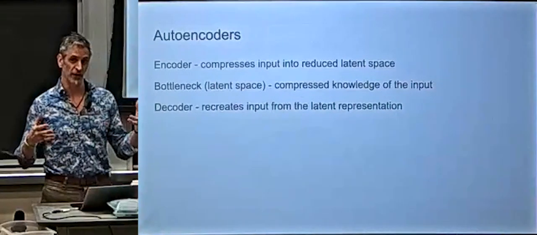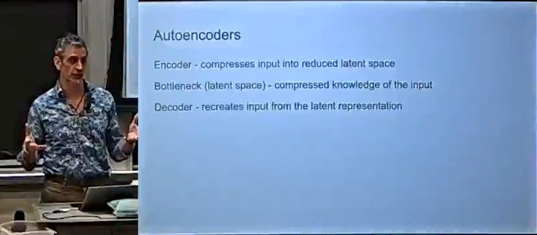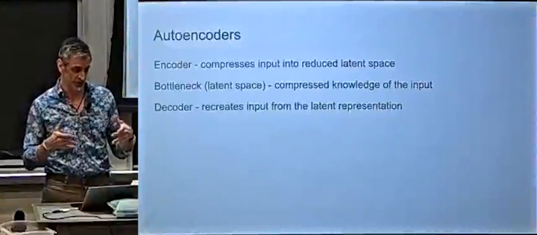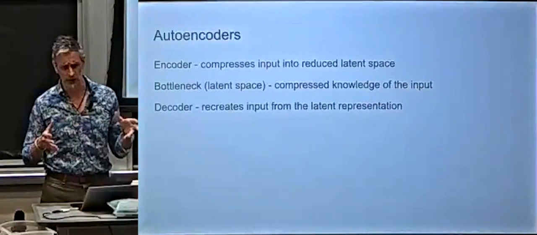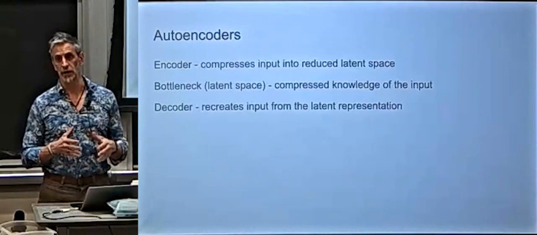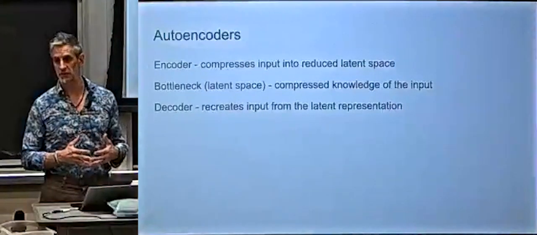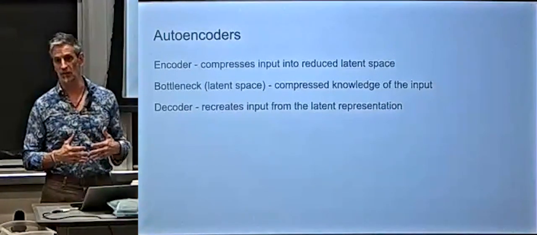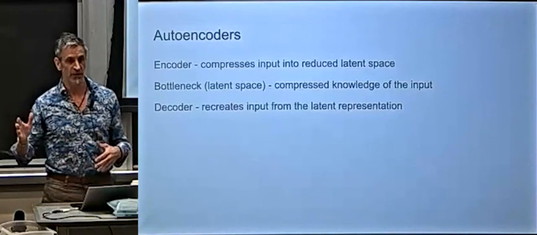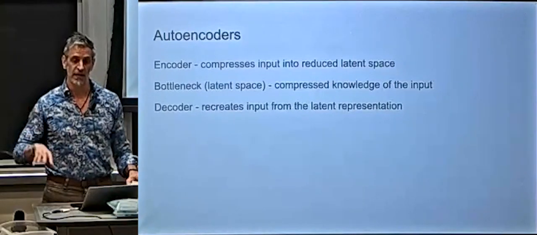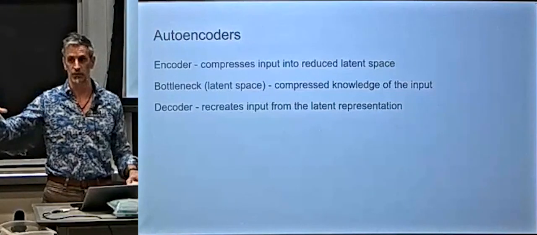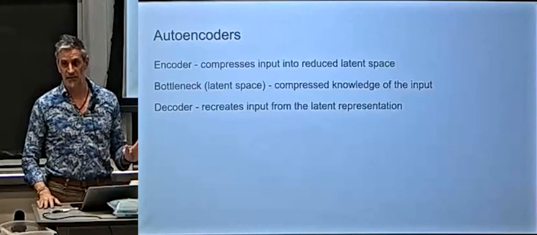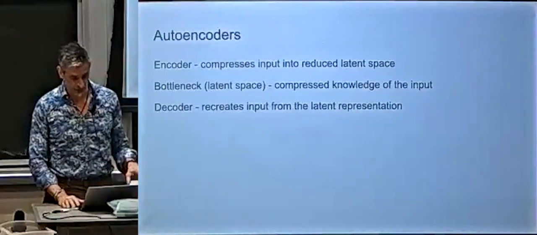Maybe if it's color, we've got 3 million different numbers describing that image. We're going to reduce that into a much lower dimensional space. That's the job of our encoder. And then our decoder takes something in that space and regenerates the original image, maybe not exactly, but hopefully something close.